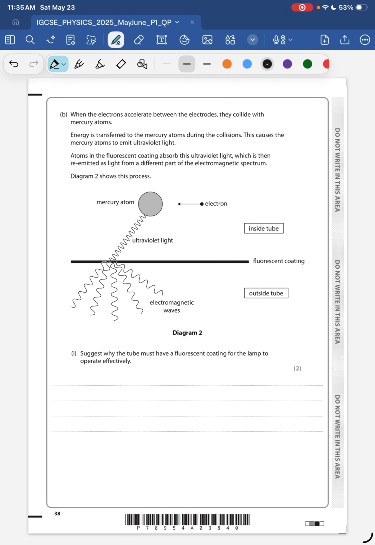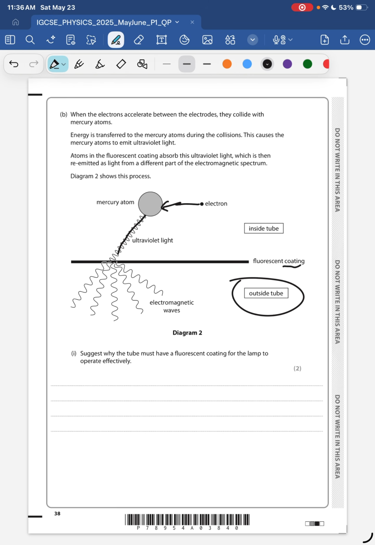Diagram 2 shows the process. So inside the tube, we have electrons hitting the much larger mercury atoms. They cause them to emit ultraviolet light, which is absorbed by the coating and then re-emitted as visible light on the outside of the tube.